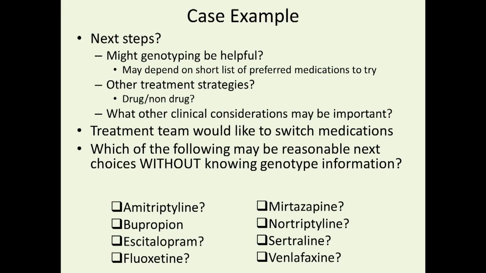If not, then it's not really useful to get the test. But if it is, it could be potentially informative. And again, drug treatment is not the only answer. There are augmentation strategies. There are non-drug treatment interventions that are very helpful.